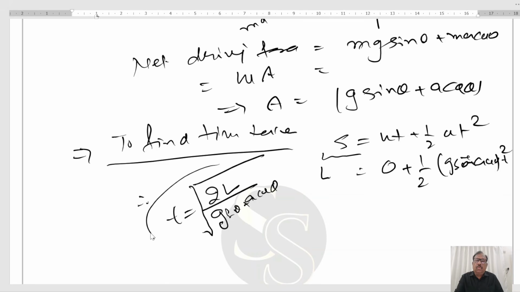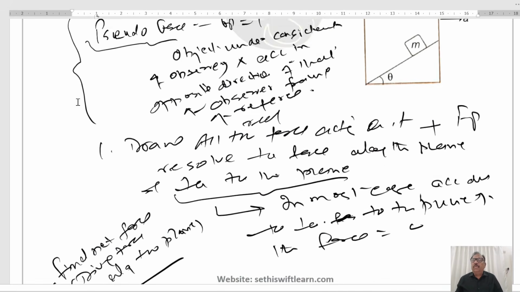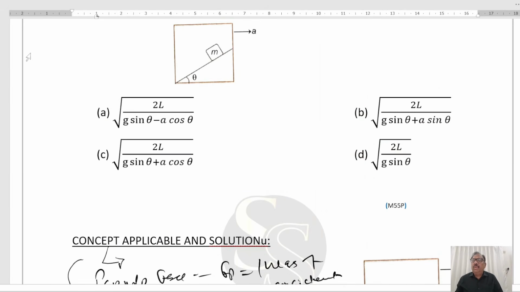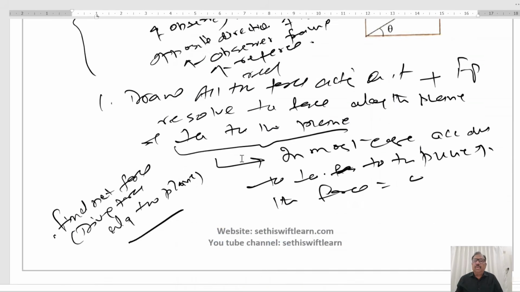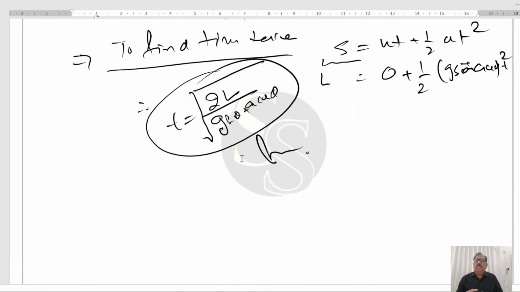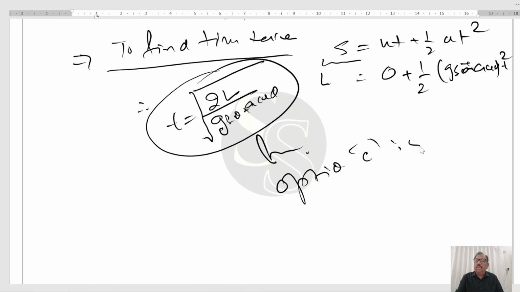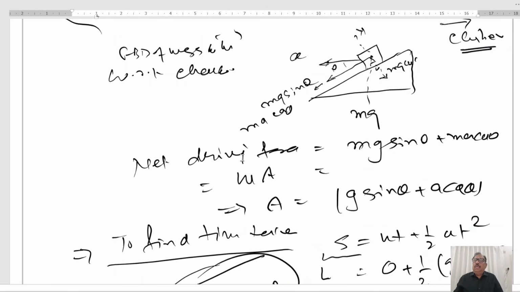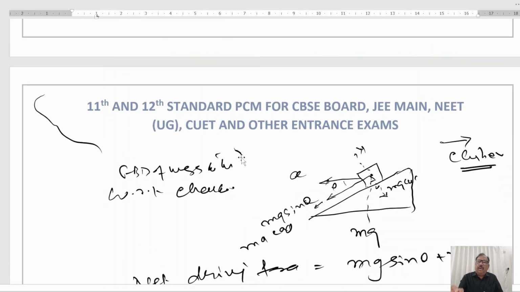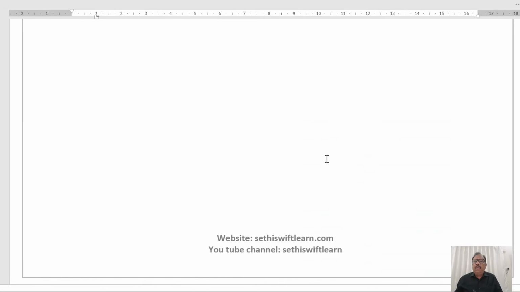This is the answer. Let's see the options available. g sin theta plus a cos theta. This is option C, correct. C is correct. This component always acts down the plane, right? Next question.